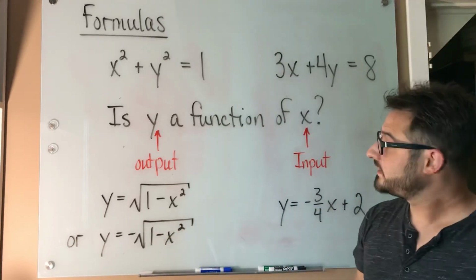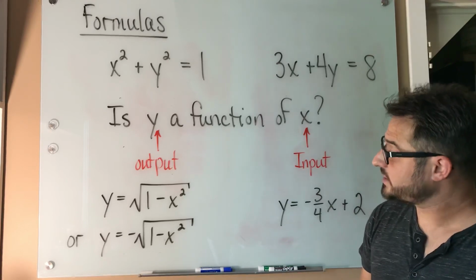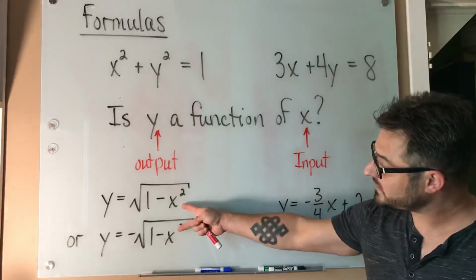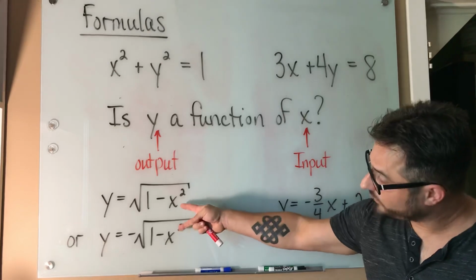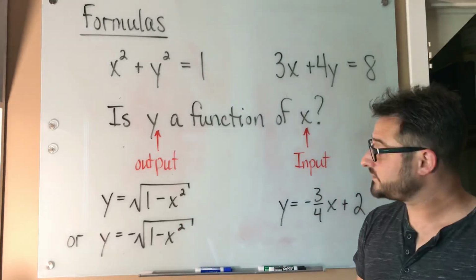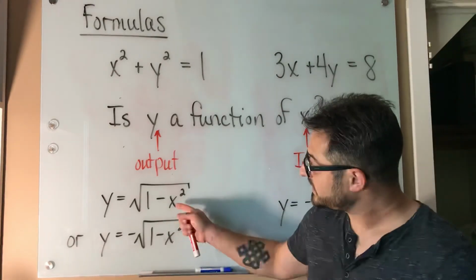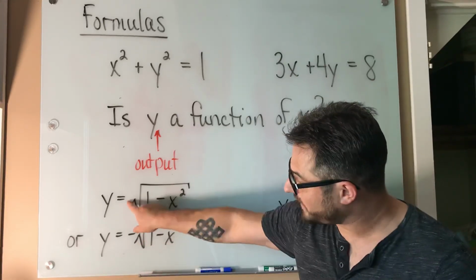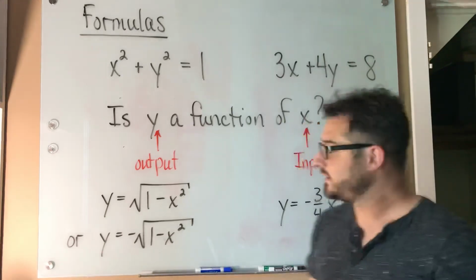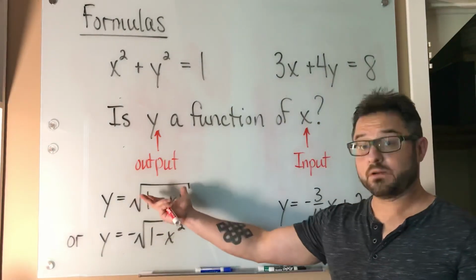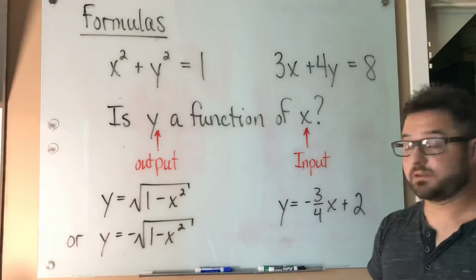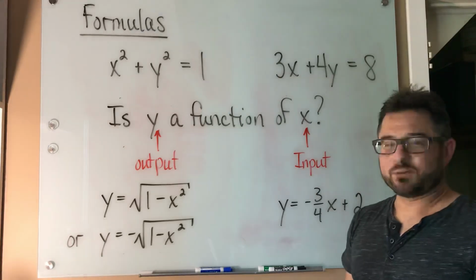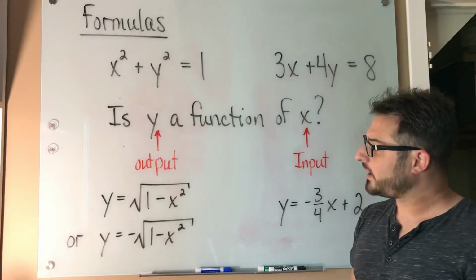This prevents this relation from being a function because I can take the same x value, put it into both formulas, and I will get two different answers because the formulas are virtually identical except that one is positive and one is negative. So whatever y value I get for one, I will get the opposite y value for the other. Therefore, the same x producing more than one y.